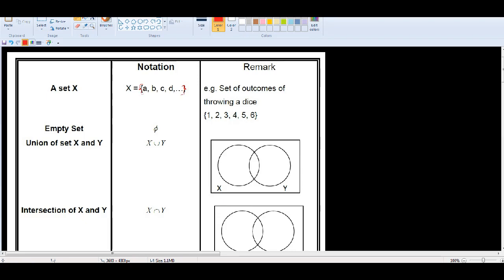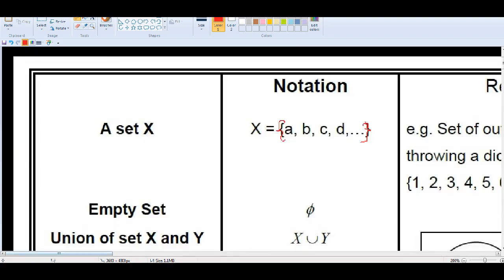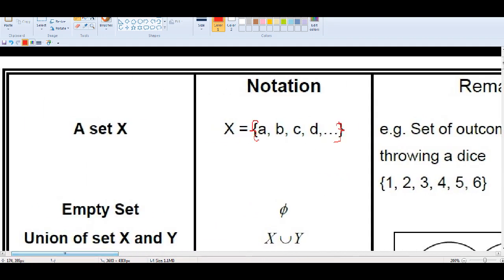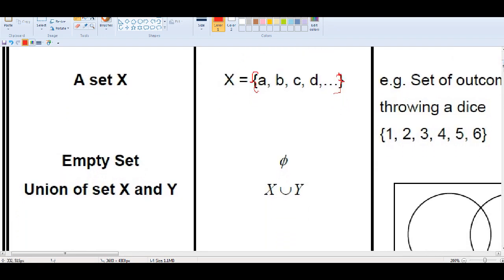It's a curly bracket. Here's an example: the set of outcomes following a die. So 1, 2, 3, 4, 5, 6 will be the set. Sometimes there's an empty set, which means that there's nothing in the set. We just write a 0, but with a stroke cutting through the 0.